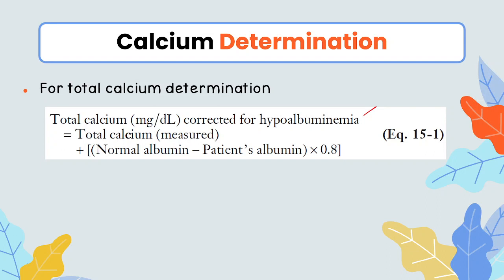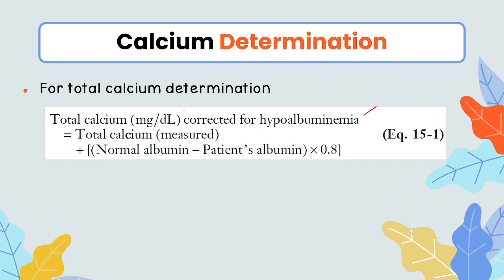So a correction should be done in cases where the patient has hypoalbuminemia, because that would misleadingly tell you that total calcium is low when in fact the reason why it is low is just because the albumin of the patient is low.